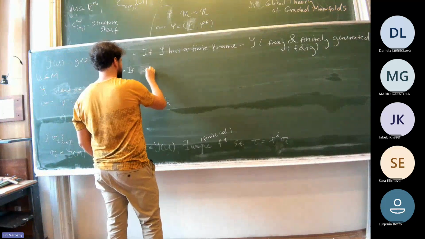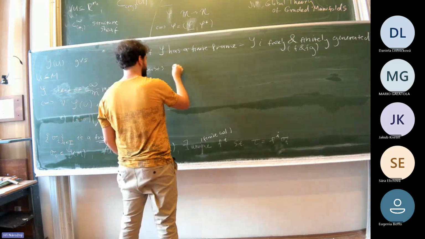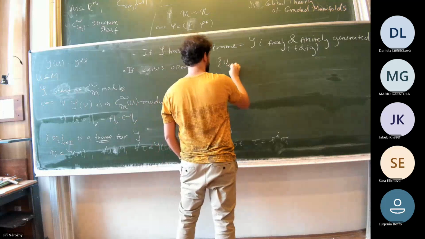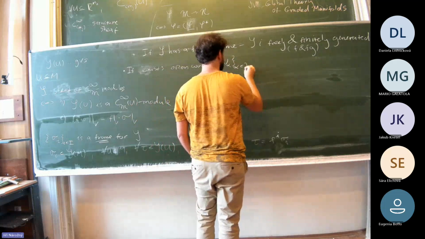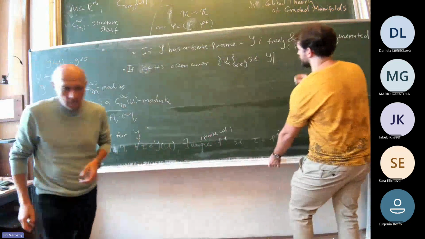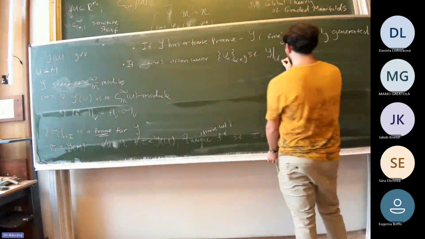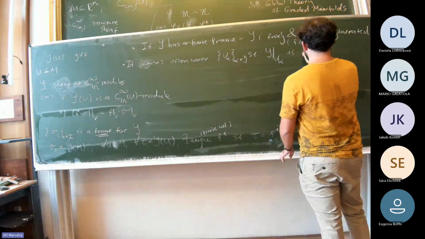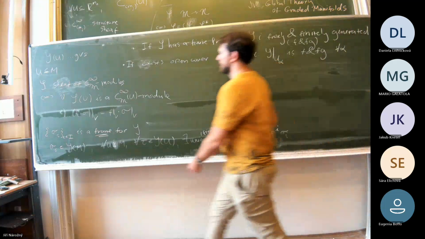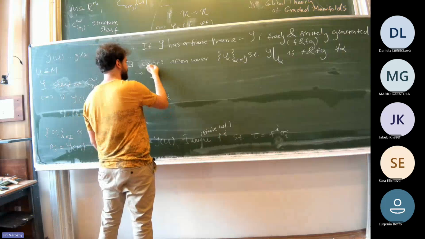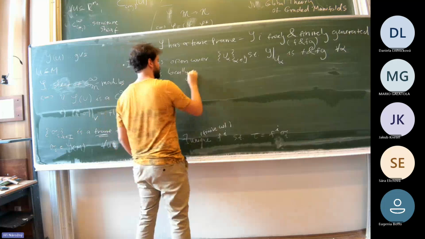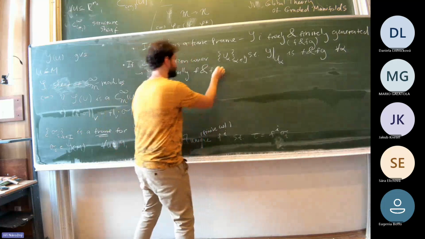So if there exists an open cover of index set J such that the restrictions of the sheaf are freely and finitely generated for every alpha, then we say that S is locally freely and finitely generated.